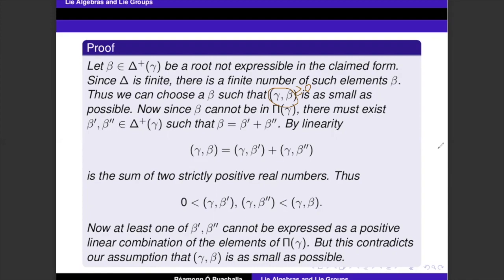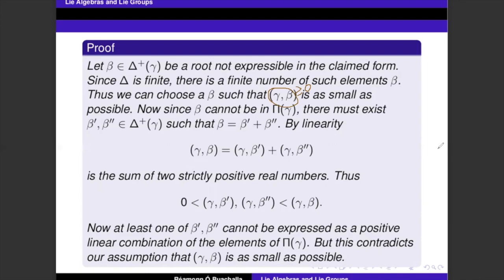Now, beta cannot be contained inside pi of gamma. Why not? Because if it were, then it would be expressible as a linear combination of elements of pi, namely just itself multiplied by 1. So it's definitely not in pi of gamma. But pi of gamma consists of the roots that are not expressible as a sum of two non-zero positive elements.